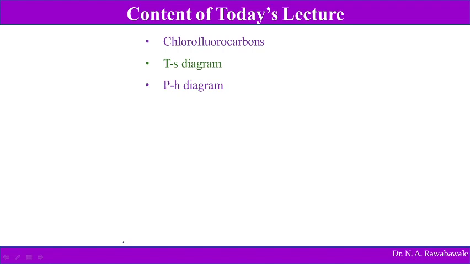So once again we will focus on chlorofluorocarbons. Also, in the T-S diagram I explained the pressure lines wrongly, and the p-h diagram was correct. Only the unit of entropy was spelled wrong.